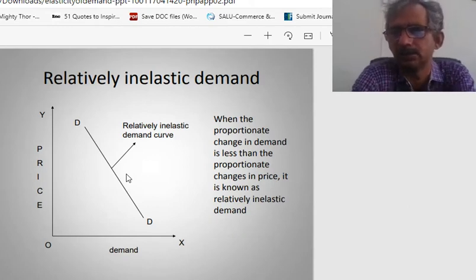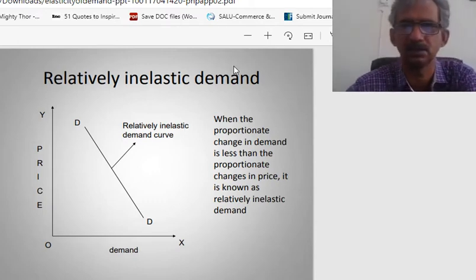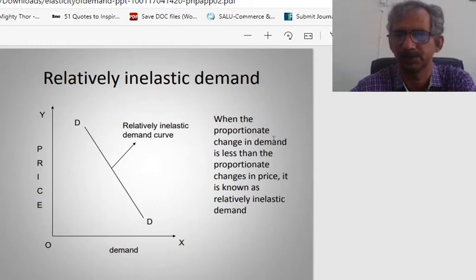Another type of the elasticity is the relatively inelastic demand. It means inelastic demand. When the proportionate change in demand is less than the proportionate changes in the price, it is known as relatively inelastic demand.